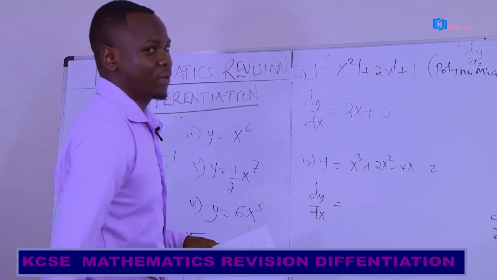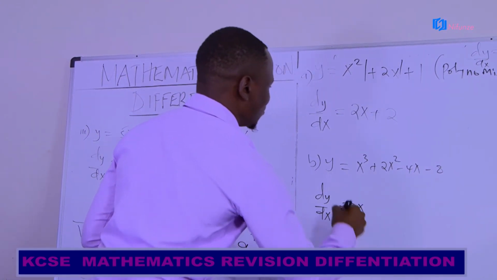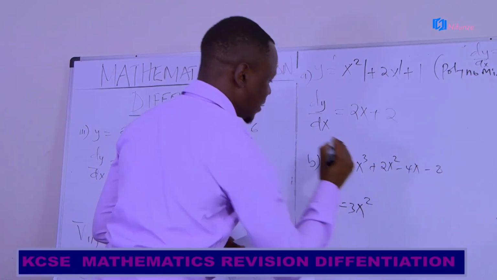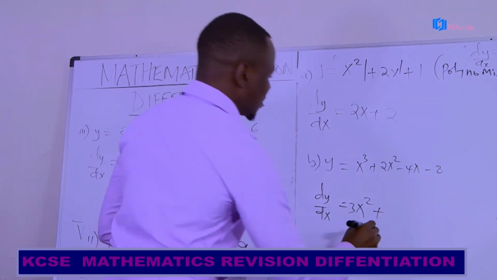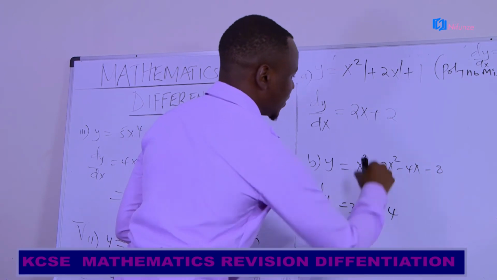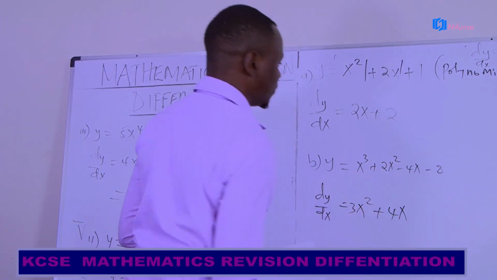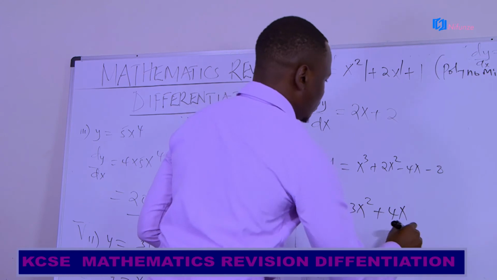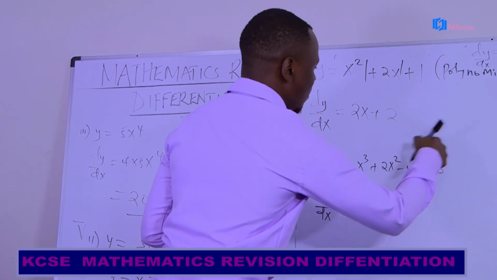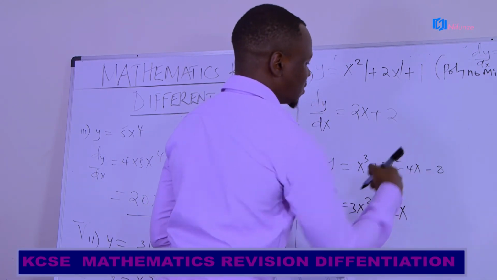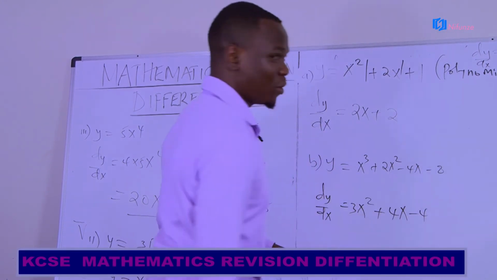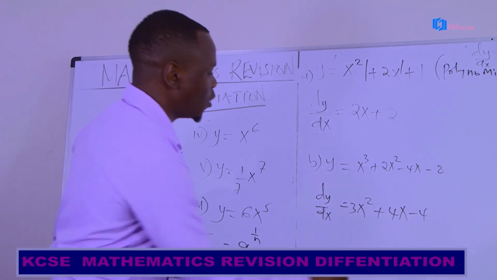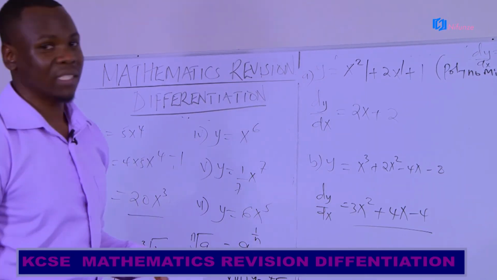It is 3x, you lessen the power by 1, so that's 3x squared, plus 2 times 2 is 4, then you lessen the power by 1, that will be 4x, then this is minus 4, so 1 minus 1 is 0, and 1 times minus 4 is minus 4, so it will remain minus 4. And a whole number will have a derivative of 0. So this is the derivative of that particular equation.